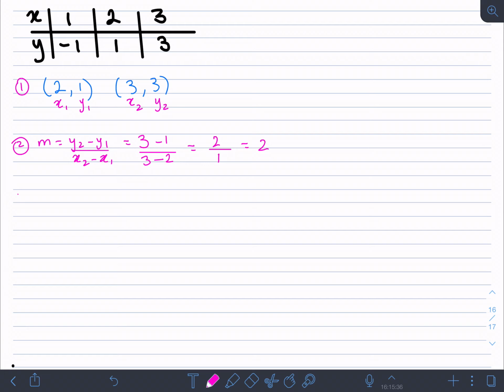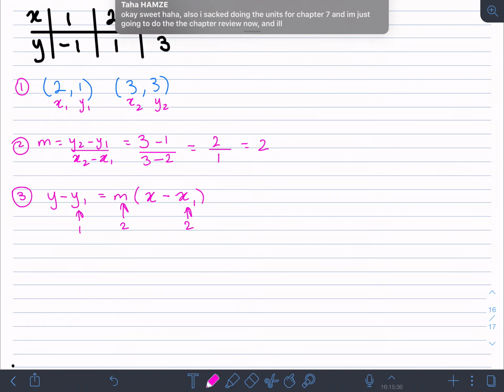Step number 3 is to put this into the one point gradient form. The one point gradient form is y minus y1 equals m(x minus x1). So I just substitute the things I know. I know m is 2, we figured that out. I know y1 is 1, which I get from up there, and I know x1 is 2, which I also get from up here.